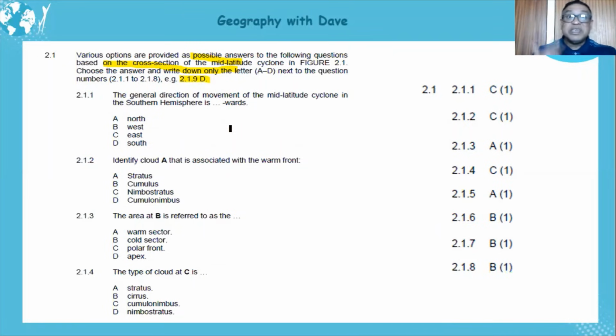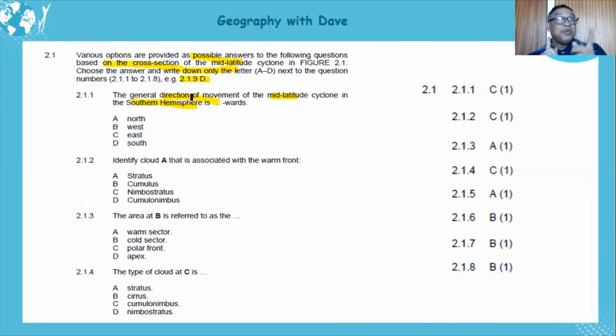And it's simple, learners, but think about it. The general direction of movement of a mid-latitude cyclone in the southern hemisphere is, all right? You already know that it moves from west to east, okay? But that is where you look at your differences, learners. You take the mid-latitude cyclone and you take the tropical cyclone, all right?